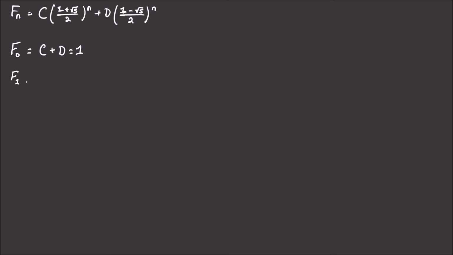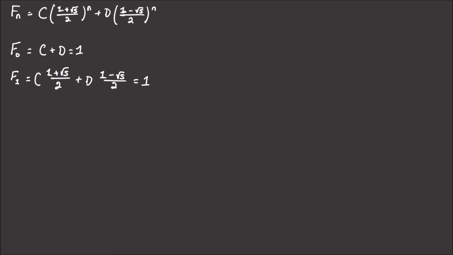For f sub 1, we're going to have c times 1 plus root 5 over 2, plus d times 1 minus root 5 over 2, and this must also equal 1.